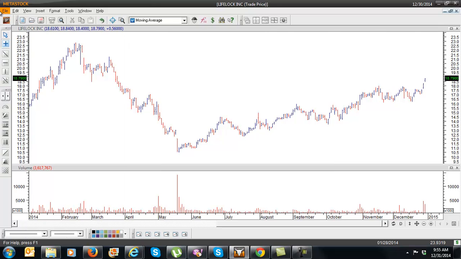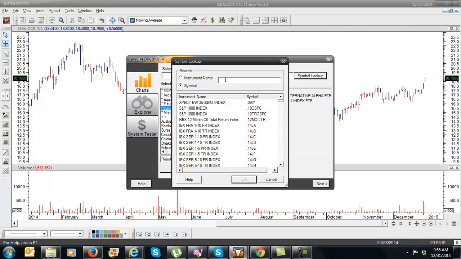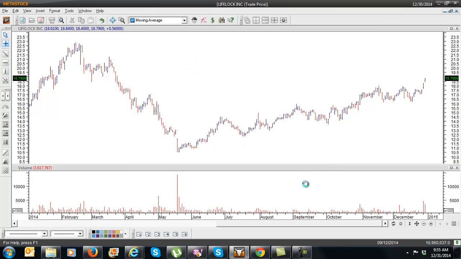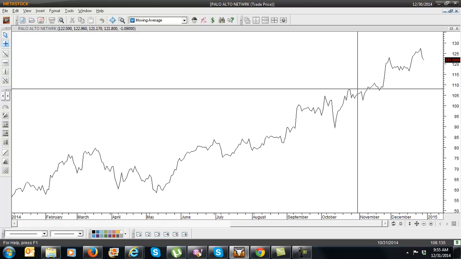I was in another stock called Palo Alto, which is here. So I was aware of these kind of situations just from being aware in the newspapers. And this was a stock I was recently in and actually got out of. Whoops, let me fix it.